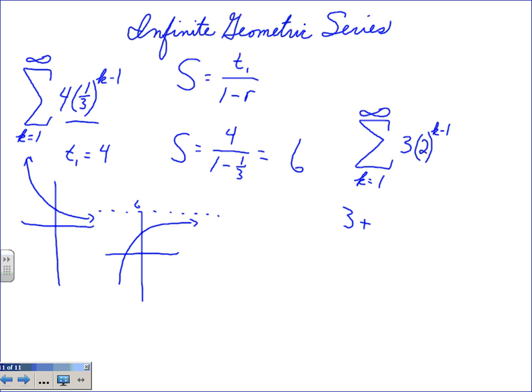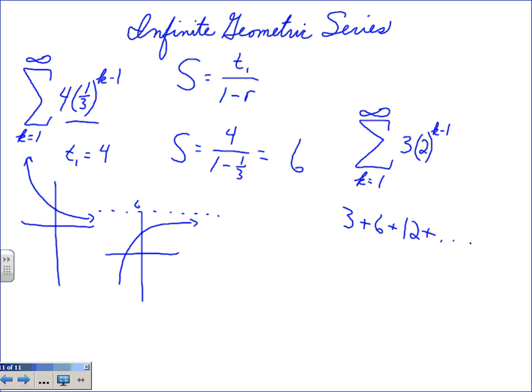Would be 6. Third term would be 12. I don't think that converges. It's called diverges. In other words, how could I possibly add up all these numbers to infinity? I can't do it.